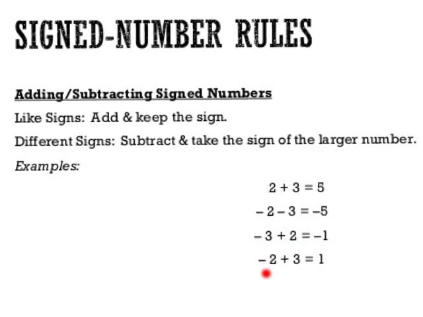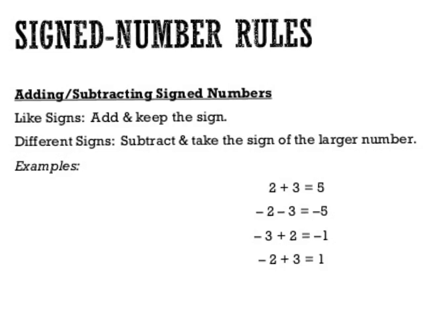In these two examples, we have a negative and a positive, so it's going to be subtraction. So 3 minus 2 is 1, and we're going to take the sign of the larger number, which is 3, and it's negative. Here again, 3 minus 2 is 1. In this case, the larger number is positive, so our answer is going to be positive.